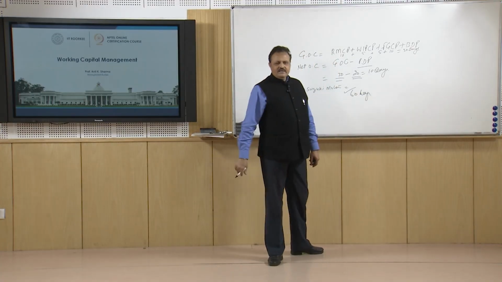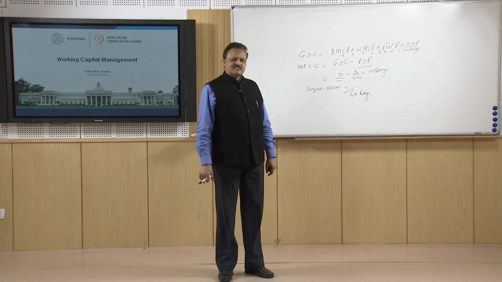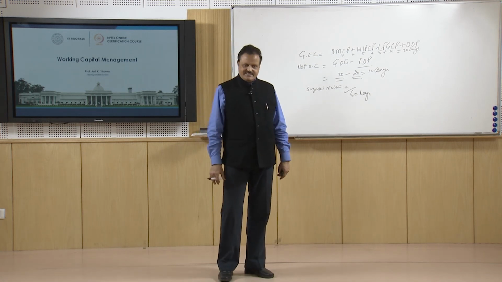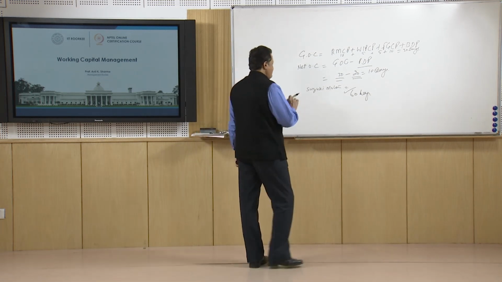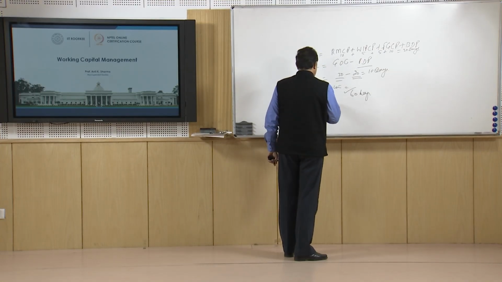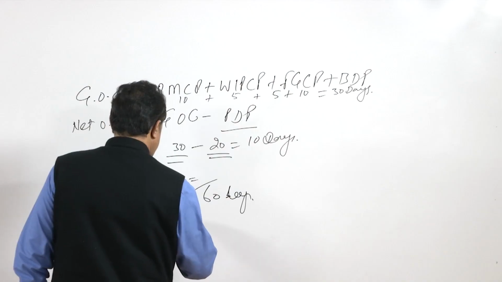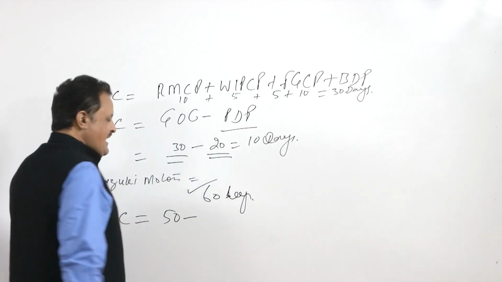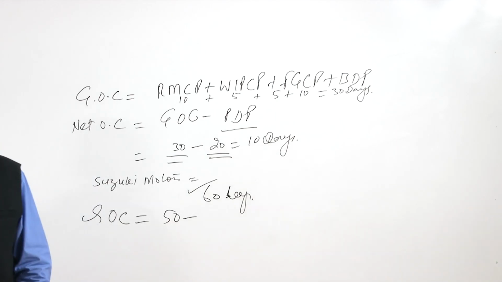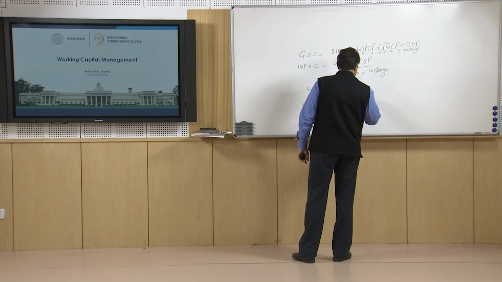In this case, the gross operating cycle, GOC, for Maruti works out as 50 days, and they are able to take the PDP, payment deferral period, of 60 days from all input suppliers.